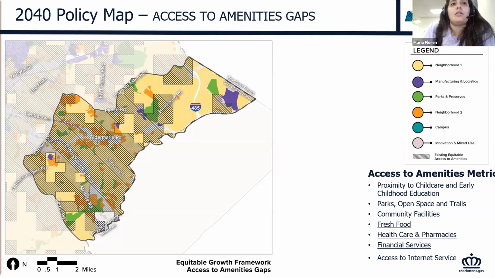The bullet points on this page are the metrics that were used to understand where that access is lacking, and the underlined metrics were specifically identified as items place type mapping could help address. The items that aren't underlined can be provided in any place type, and therefore other tools outside of place types will be explored to address those gaps.